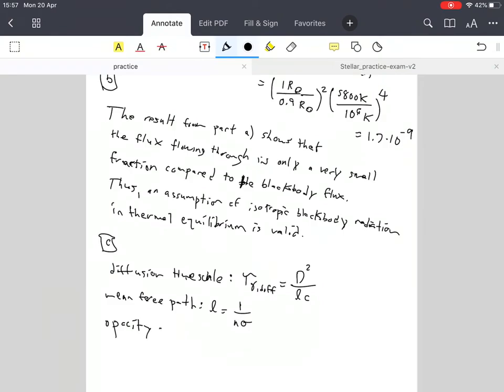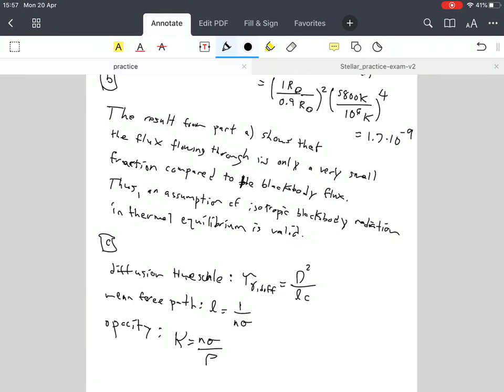Okay, let's keep going. So the opacity kappa is n sigma over rho.